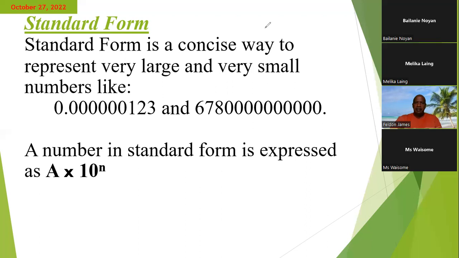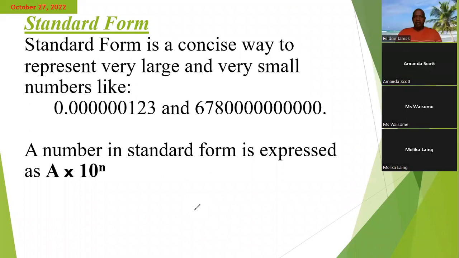All right, good. Now, in order to write any number in standard form, we will have to be able to identify a value for A from the number that we're writing in standard form.